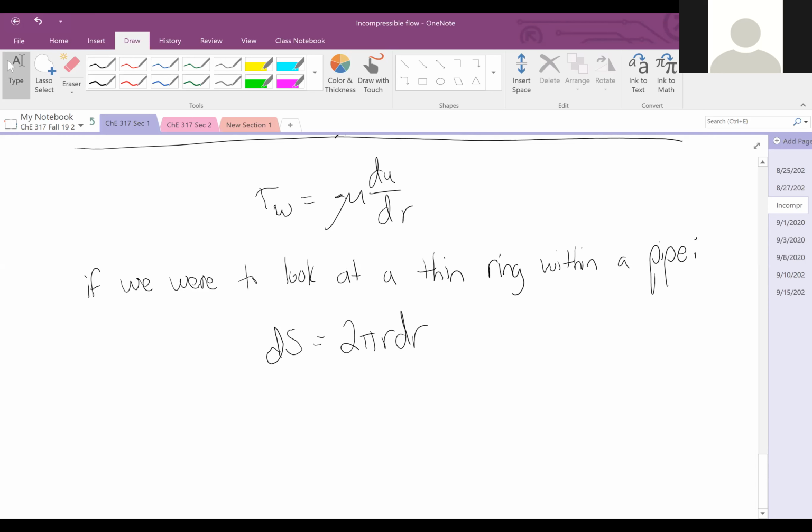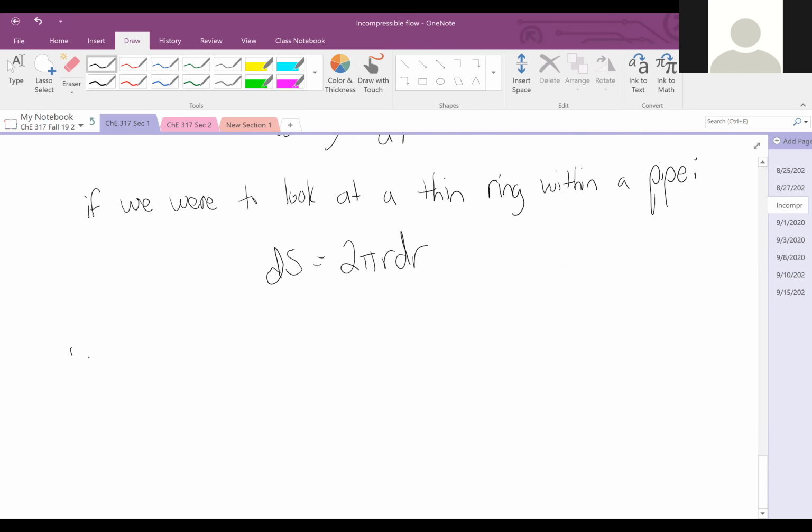And combining the two expressions, we could write an expression that states the change in velocity with respect to the radius is simply the shear stress over the radius divided by viscosity times r.